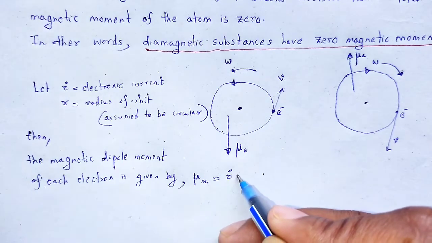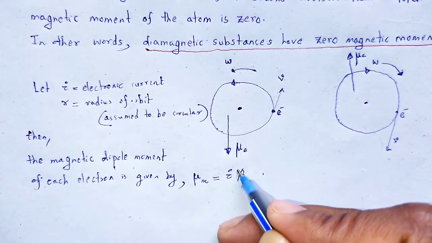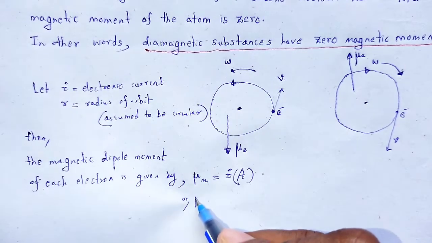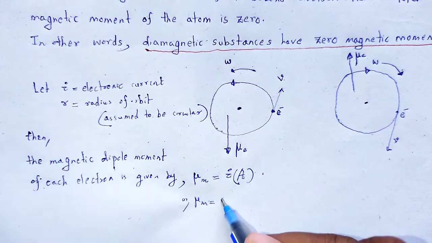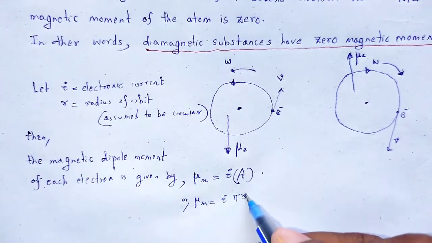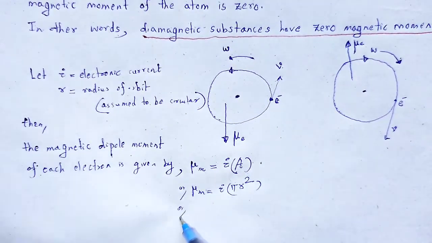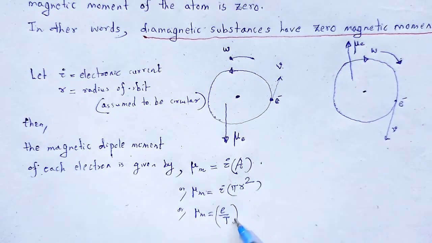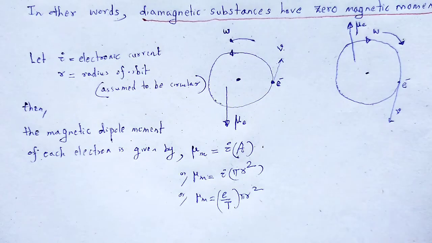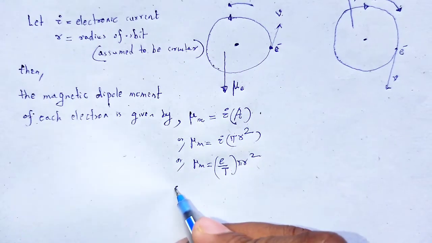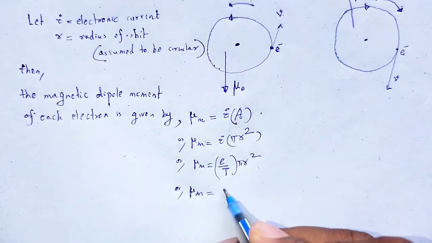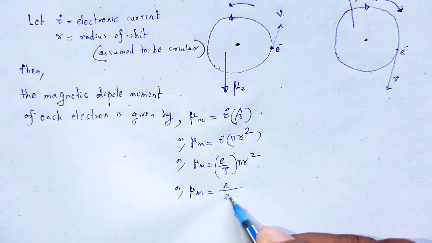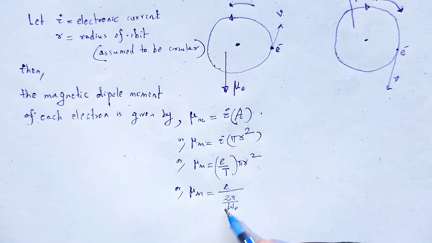mu m is equal to current times area, and the area is pi r square. Or mu m equals charge by time period, e by T, into pi r square. The time period is 2 pi by omega naught, so mu m equals e divided by 2 pi by omega naught, into pi r square.